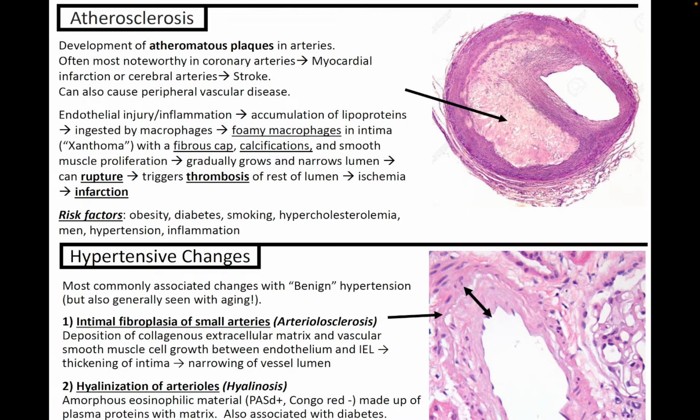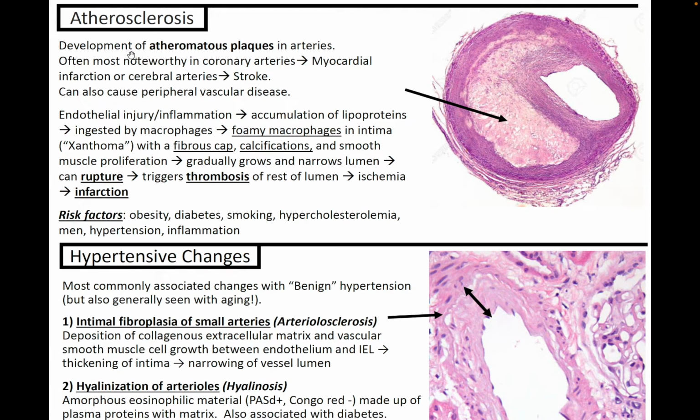It's often most noteworthy in the coronary arteries, which can lead to myocardial infarction, or stroke if it occurs in the cerebral arteries. You can also have peripheral vascular disease, not just the central vessels can be involved.